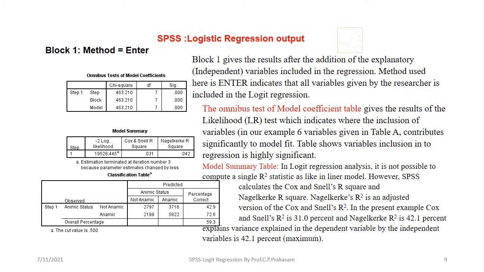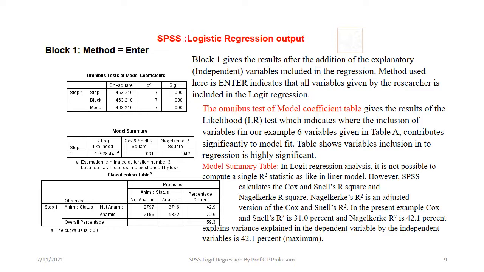Whereas in logit, the R square is not a direct contribution to determining the dependent variable. However, here it has been modified, and in the modified table the Cox and Snell R square as well as the Nagelkerke R square are given.